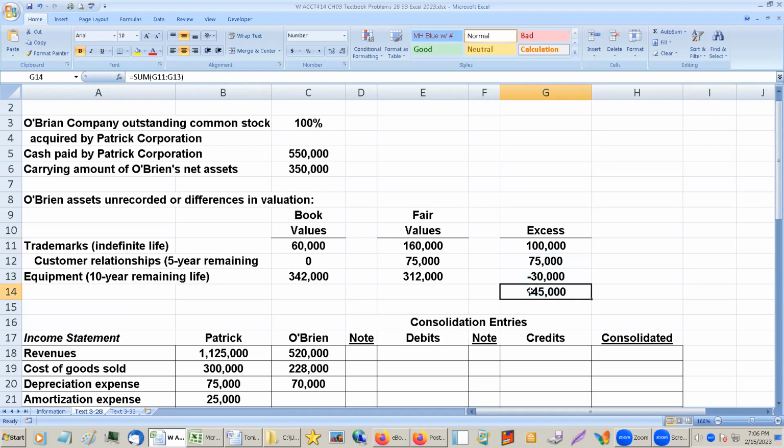All right, so these are the identifiable assets excess is this. So the question is, how much is the goodwill?